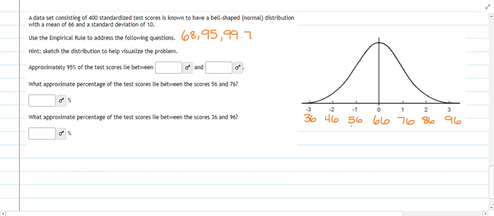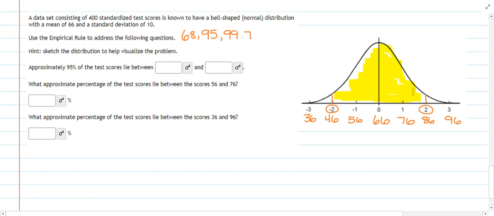So we have approximately 95% of the test scores lie between, well, 95% is 2 standard deviations. So here's our 2 standard deviations, plus 2 minus 2, that's going to be 95%. If you look at the curve, and let's say I highlight this, that looks like I'm coloring in roughly 95% of the curve.